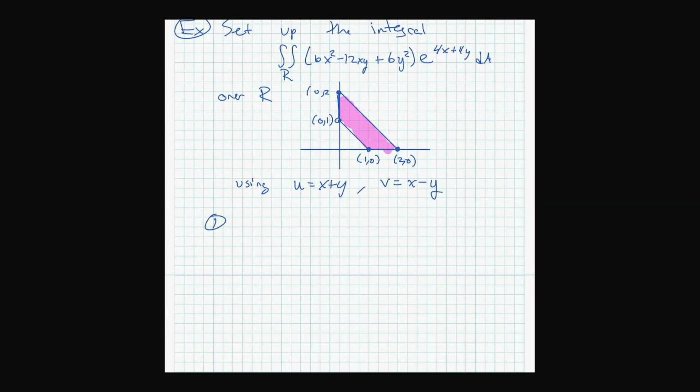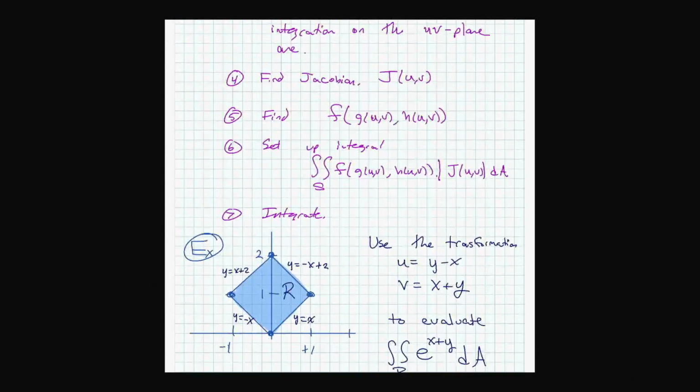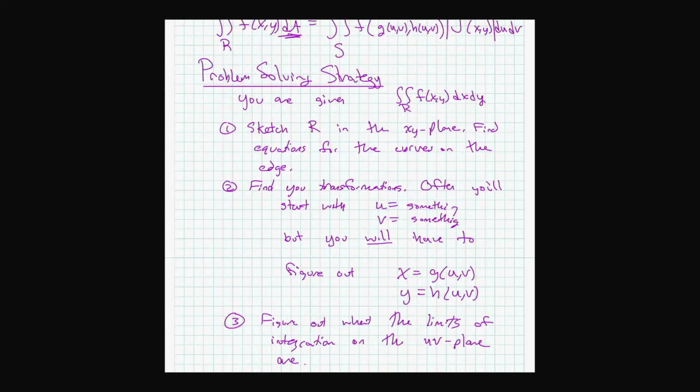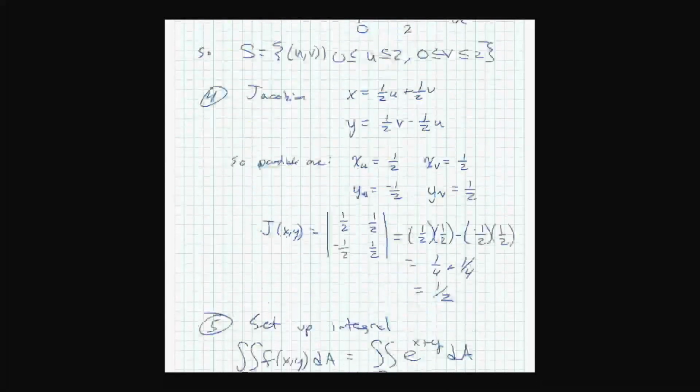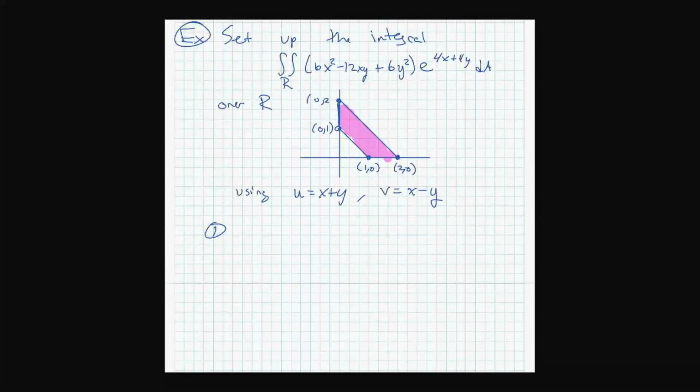The first thing we would do is draw the picture. Actually, according to my rules, we sketch R, already sketched, and find the equations of the curves and the edge. Number 2, find your transformations. So we're already starting on step 2.